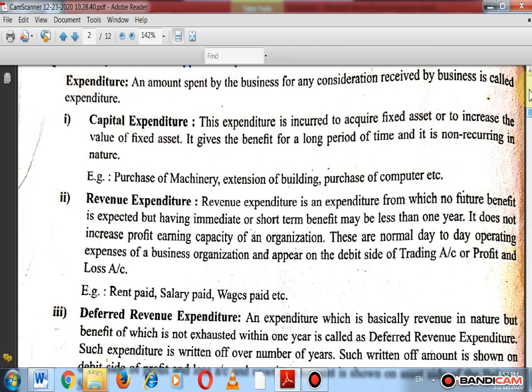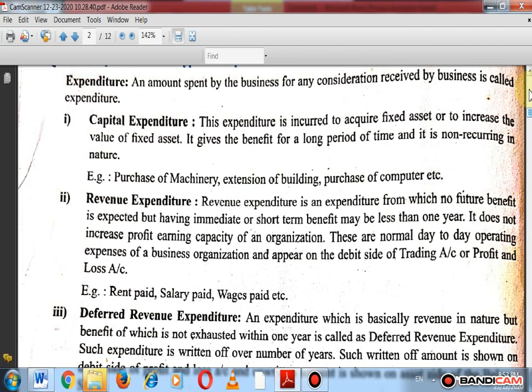For example, purchase of machinery, extension of building, purchase of computer. Once we purchase a machinery, the benefit of that machinery is for a long period. After disposing of this machinery, the business purchases another machinery. So purchase of machinery is a capital expenditure.